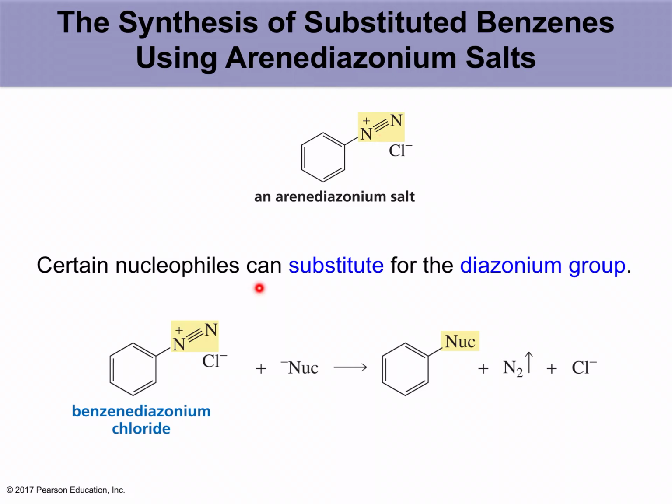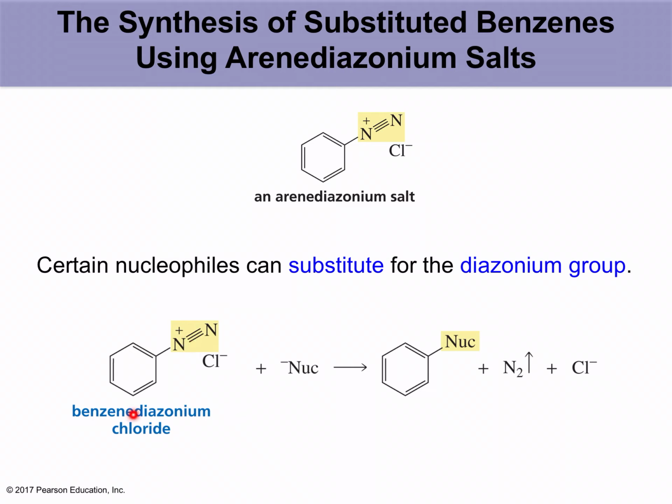Certain nucleophiles can substitute for the diazonium group. So when you make this diazonium group, different nucleophiles can be added onto the benzene ring, because a nucleophile can substitute this group.